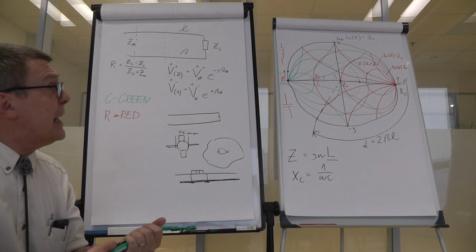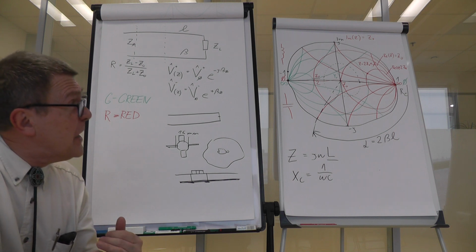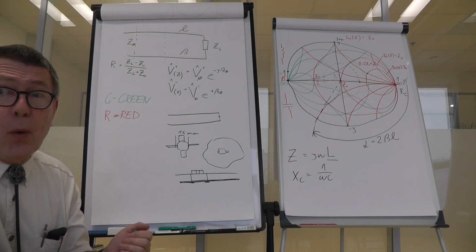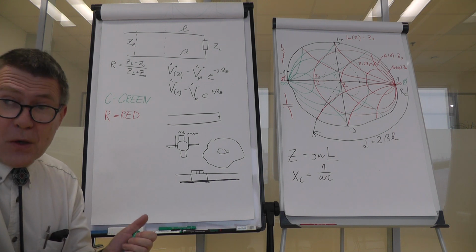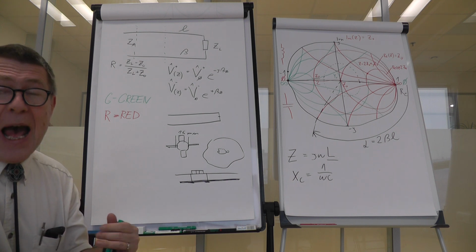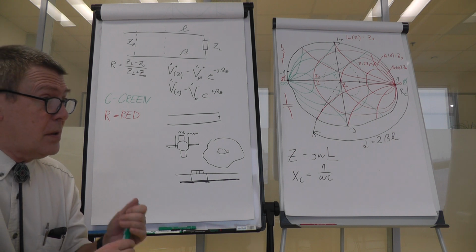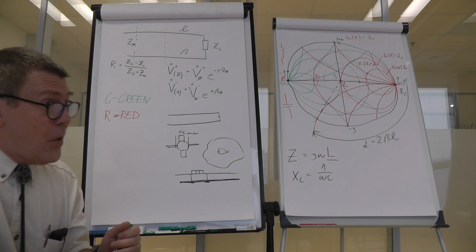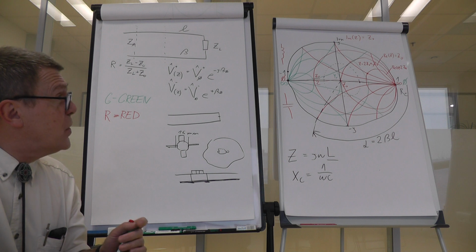The second thing is it has been very heavily used at times when there were no computers for calculations of impedances and reactances, and this is very easily aided by the two colors.